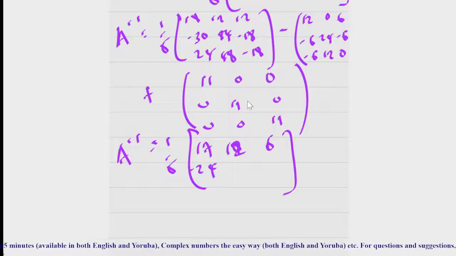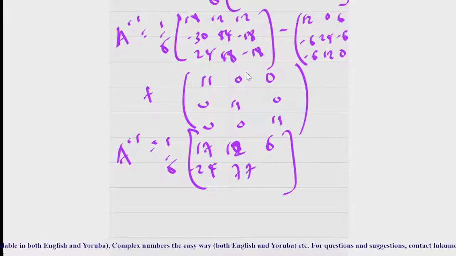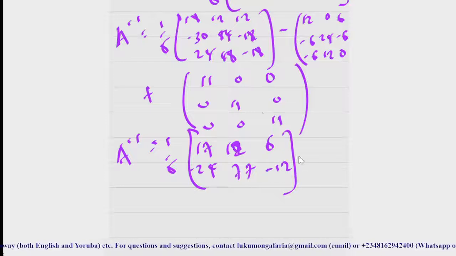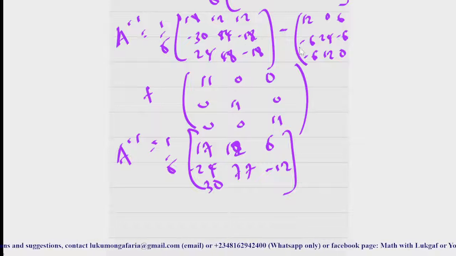84 minus 24, that is 60. Then you have 60 plus 11, that is 77. Then lastly, minus 18 plus 6. Minus times minus, that will give you minus 12 plus 0. And lastly, 24 plus 6, that is 30, plus 0, that is 30. 48 minus 12, that's going to give you 36. 36 plus 0, that is 36.